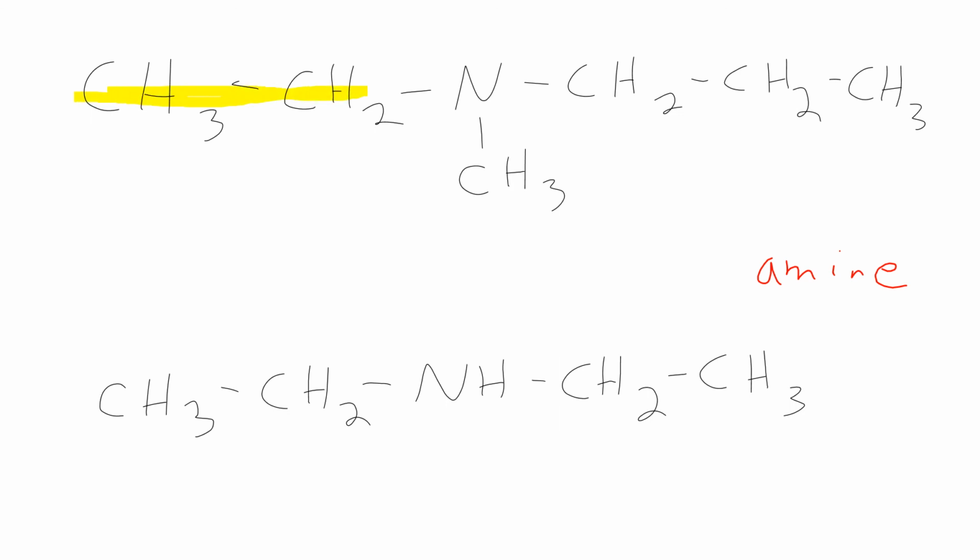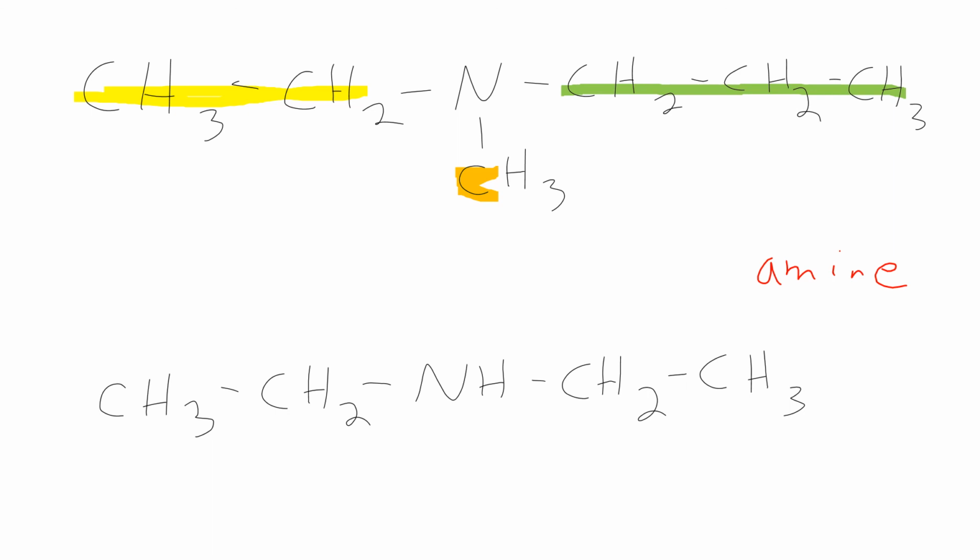CH2, CH3, 2 carbons. That would be an ethyl branch in yellow. The right-hand side, we have 3 carbons, CH2, CH2, CH3. That would be a propyl branch. And then down below, highlighted in orange, we have a single carbon branch. That'd be a methyl branch. So we have an ethyl branch, a propyl branch, and a methyl branch.